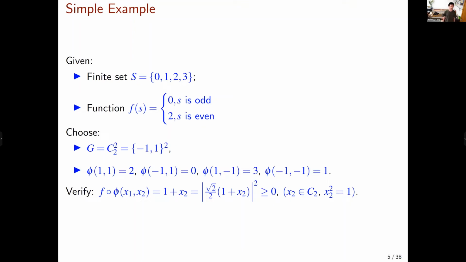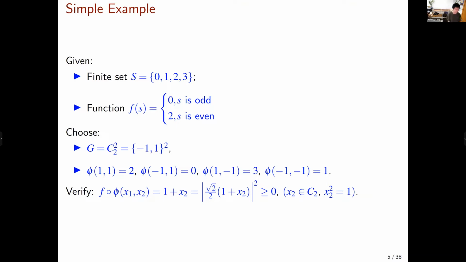Let the set S equal 0, 1, 2, and 3, and the function f of s equals 0 if s is odd, and equals 2 if s is even. We choose G to be the group C2 to the power of 2, which is a direct product of minus 1 and 1, and the bijection phi is defined as follows.